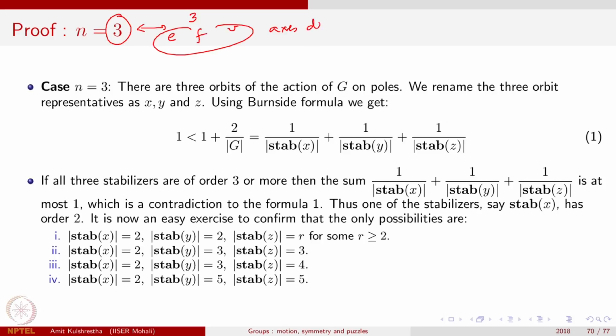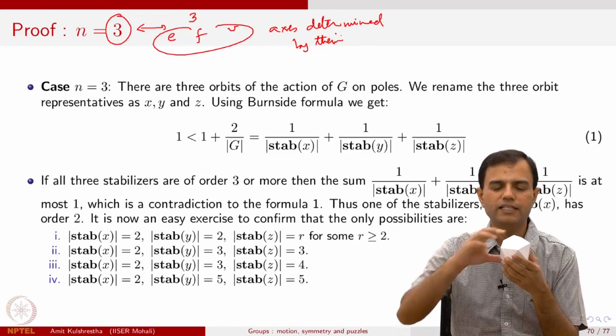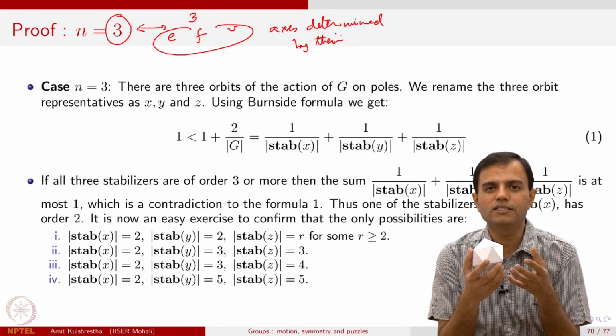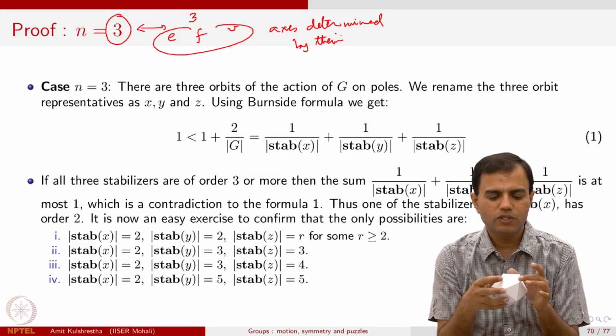Axis determined by them. And for that matter, every vertex is as good as any other vertex. As good as in what sense? They are in the same orbit. Similarly, any midpoint of edge is as good as any other because they are in the same orbit.